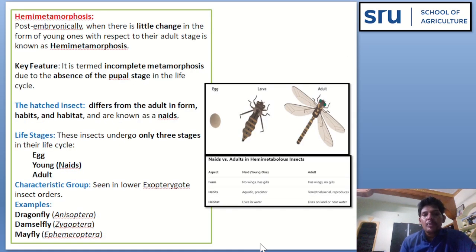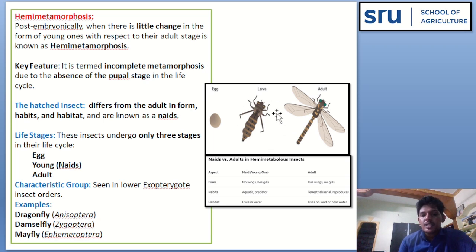Next type of metamorphosis is hemimetamorphosis. Post-embryonically, when there is little change in the form of young ones with respect to their adult stage, it is known as hemimetamorphosis. It is also known as incomplete metamorphosis because here the pupal stage is not there in the life cycle of hemimetabolous insects.